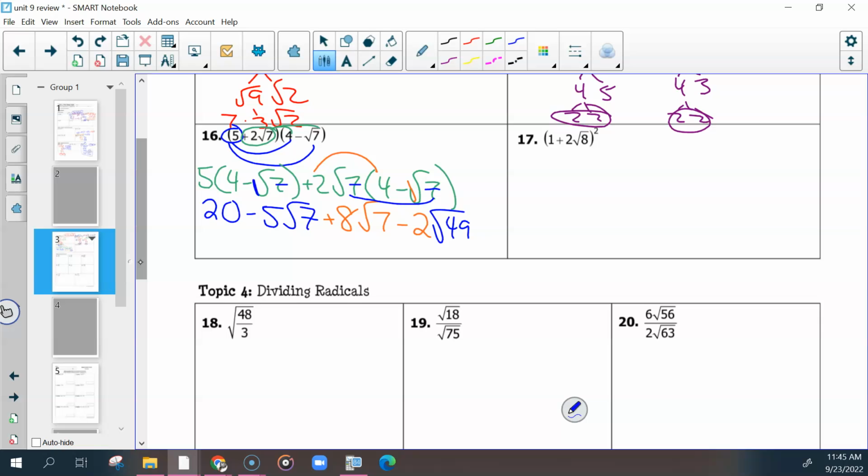Okay. 5 times negative 1 is negative 5, and you just have to bring that down. Okay. Same thing here. 2 times 4 is 8. And you just bring this down. And then here you're multiplying the outsides, 2 and negative 1 to get negative 2. But here we have 2 insides. Those get multiplied on the inside. Does that part make sense?